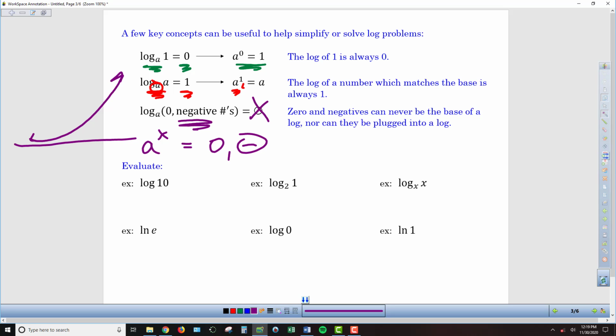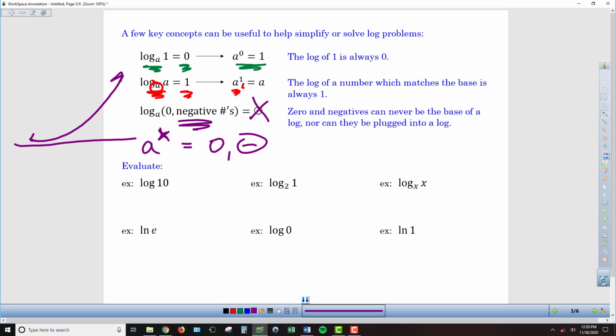We can never hit 0, we can never go negative. So if our output of an exponential function is never going to be 0 or negative, then that corresponds to the input of a logarithm. So for that reason, there's no number that we can plug into a logarithm or into an exponent here to make 0 or a negative, so therefore we can never take the log of 0, we can never take the log of a negative number.